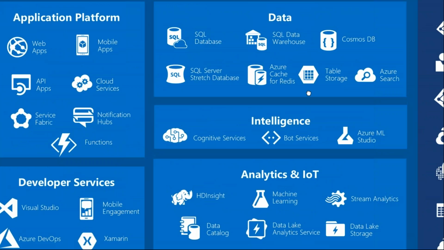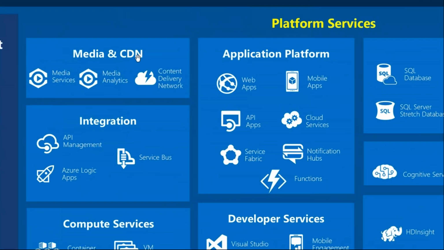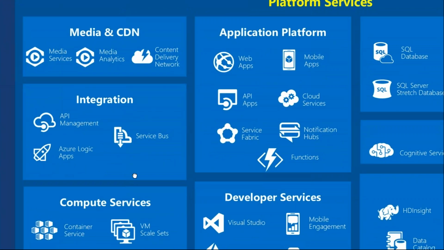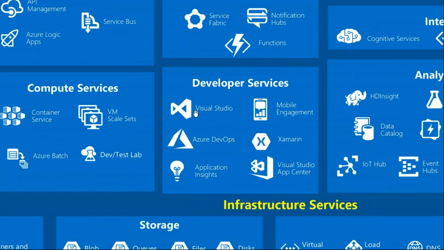Once we move up to the platform services, we have media integration, so you can do API management. We have compute services, so you can have a container service, virtual machine scale sets. You can have a dev or test lab. You can have your developer services in the cloud, Visual Studio, Azure DevOps.